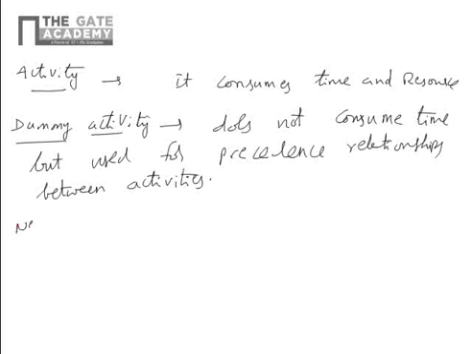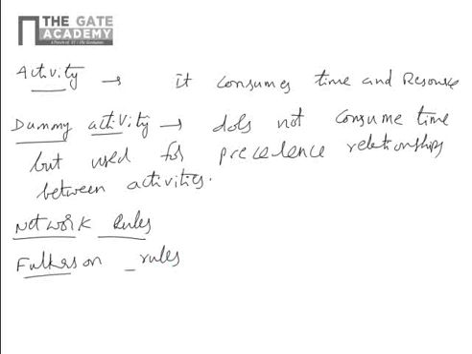Network rules. Scientist Fulkerson has given a few rules on network building. First rule: between two events, only one activity can be shown.